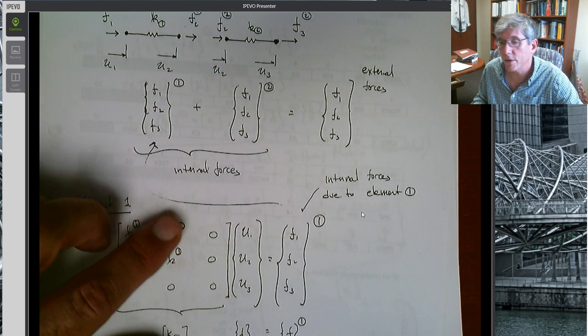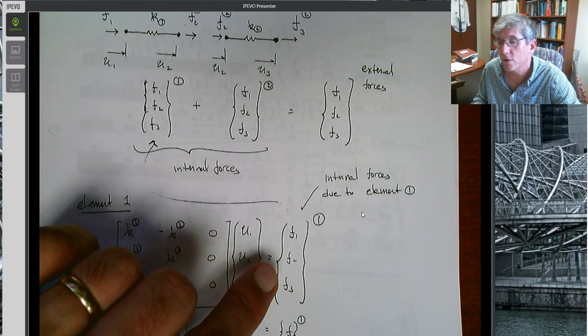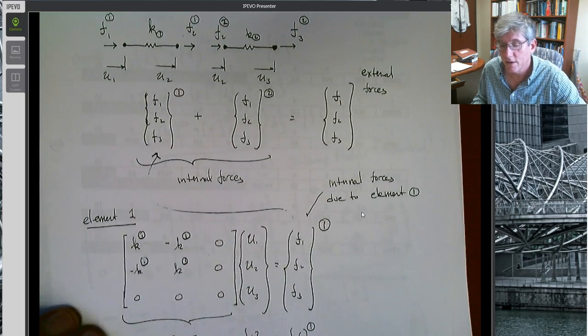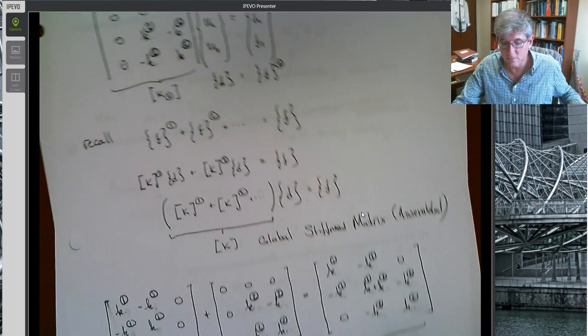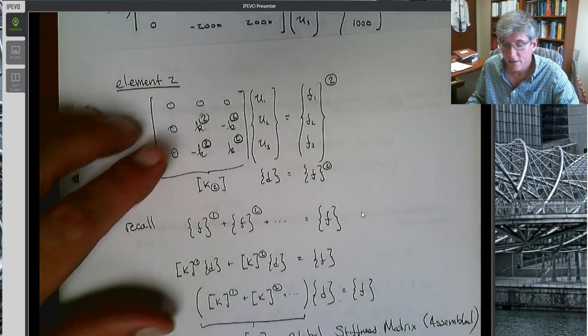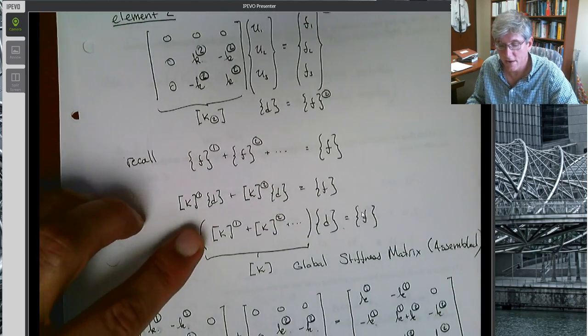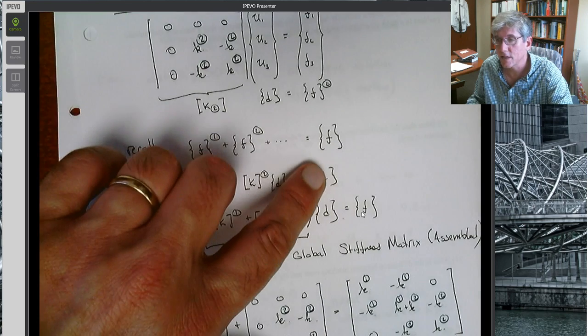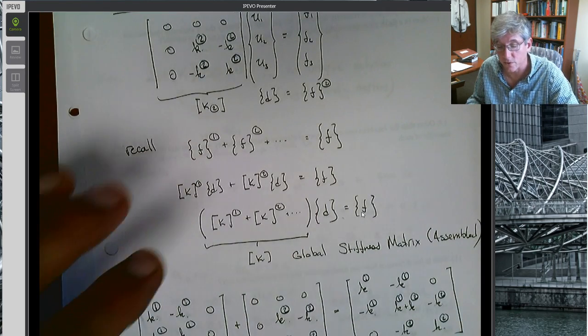So when we just consider the first element, this is going to be the forces due to the stretch of the first element. Likewise, here are the forces due to the stretching of the second element. They have to all sum together to give me the total force, or balance with the external forces.